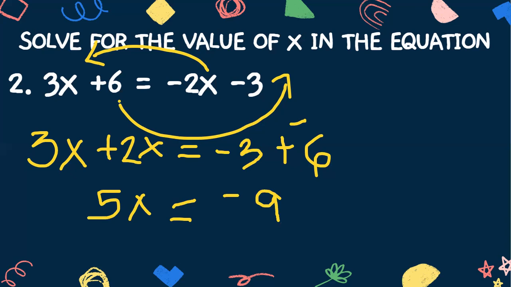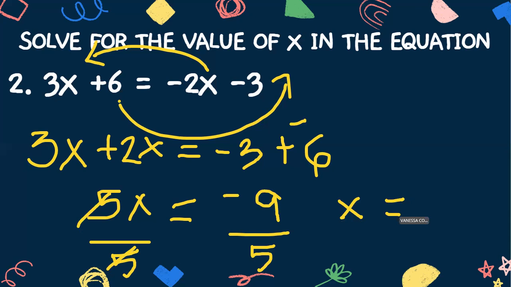So, anong gagawin natin dito sa ating fifth step? So, i-divide natin both side kay 5 kasi yun yung kasama ng ating variables. Divide natin both side kay 5. Cancel, cancel. Ang matitira dito is x is equals to negative 9 over 5. Pwede ba natin silang i-divide? So, magiging fraction.